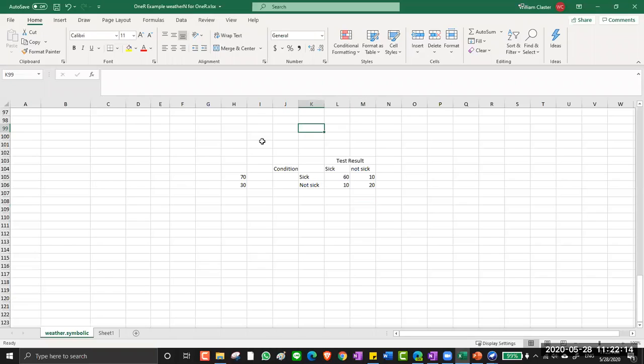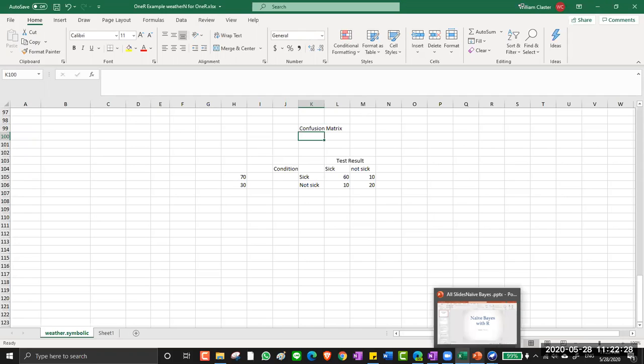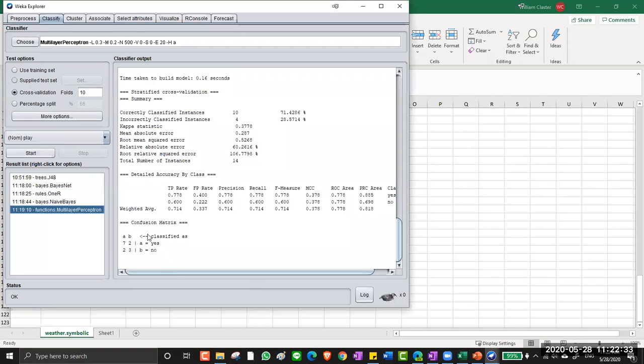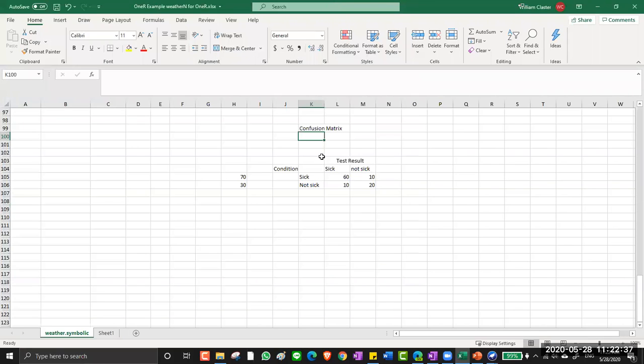So what is this? It's a confusion matrix, right? We talked about the confusion matrix, didn't we? Yes, Professor. That's here. This is the so-called confusion matrix. This is the same thing.